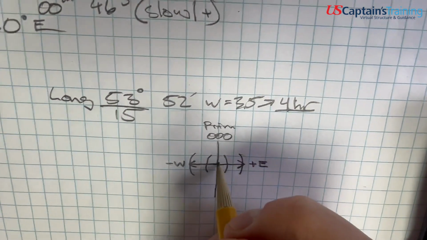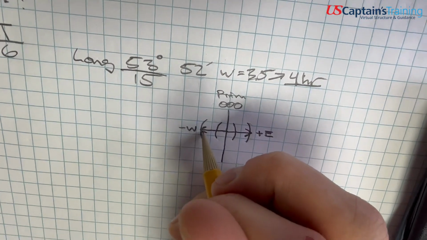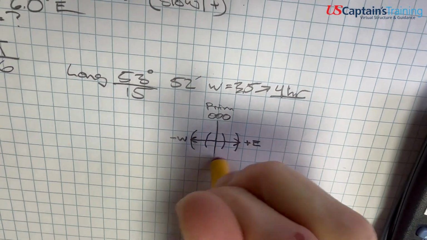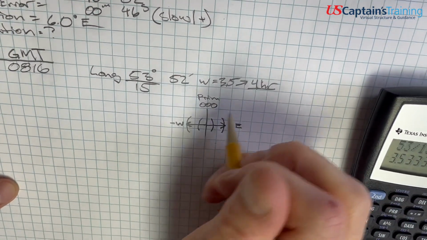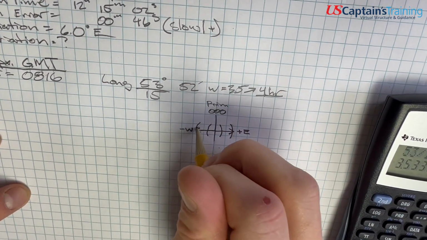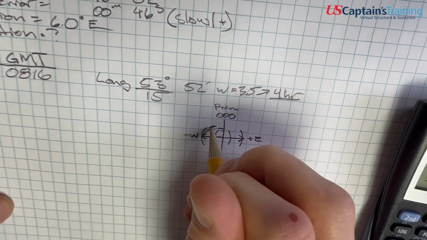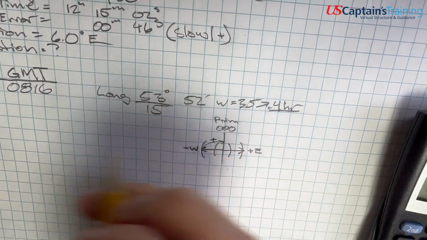If you're in New York and you go west, you're going to subtract 3 hours to get to California time. Now we know it's west, so we need to come back to the prime meridian. We need to add to get back to Greenwich. So we're going to add this 4 hours.